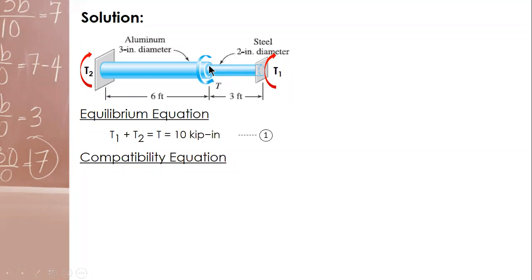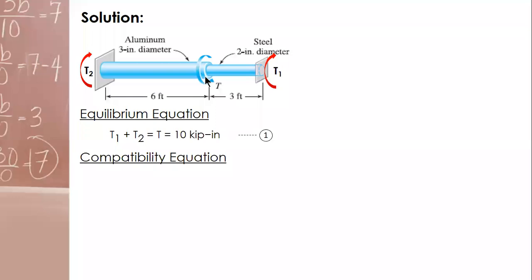So, they will rotate as one. Same ang ilang rotation kay rigidly attached man. So, kung ma-twist ni siya og 5 degrees for example, ang sa steel 5 degrees also.